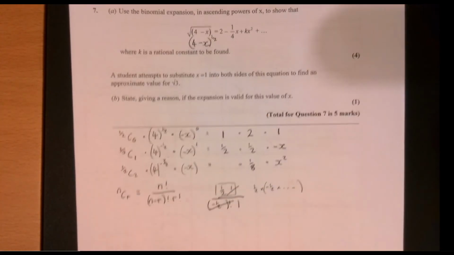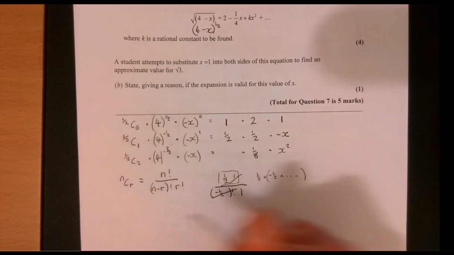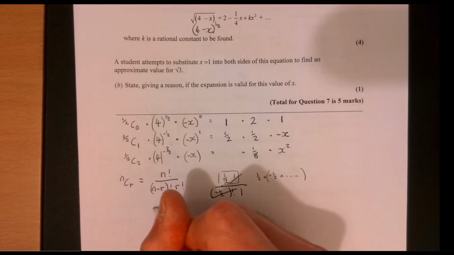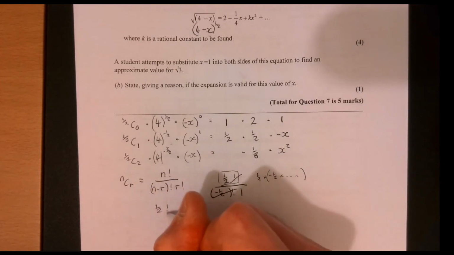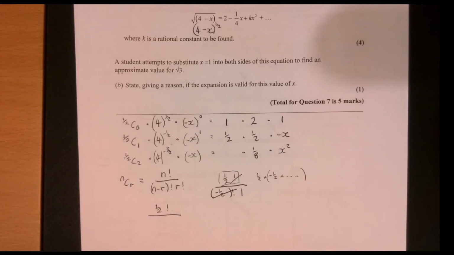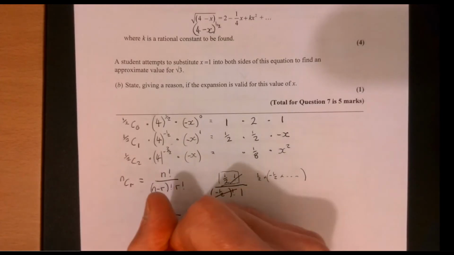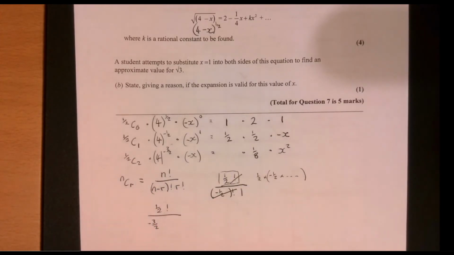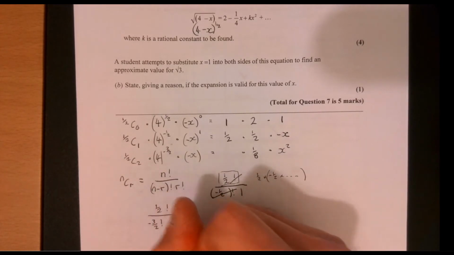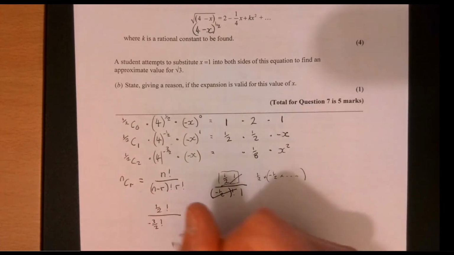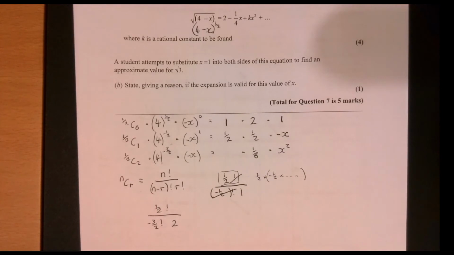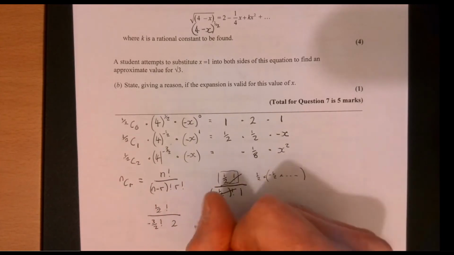Let's try this one, a half C2. That'll be a half factorial over minus 3 over 2 factorial, multiplied by 2 factorial, which is just 2. Now let's think about what happens here.